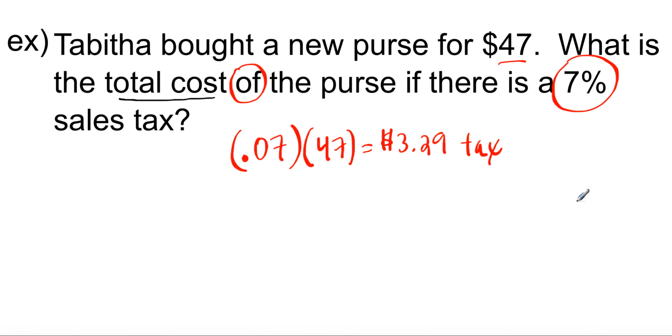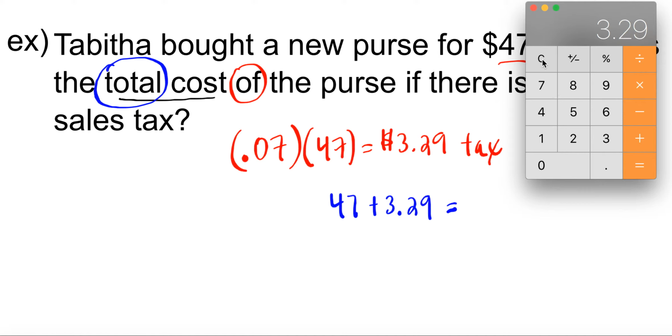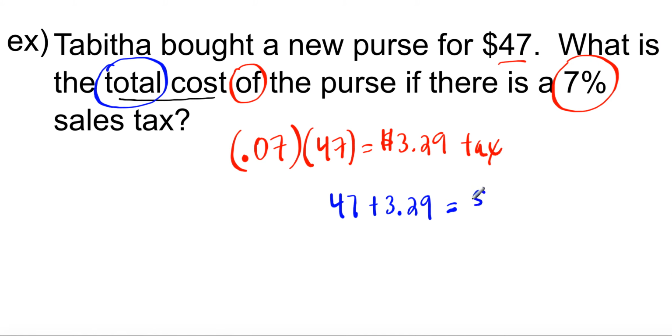The question asks for the total cost of the purse. So keep in mind the word total. So we need to take $47 and add the tax to it, $3.29, for a total price of the purse ringing up to $50.29.